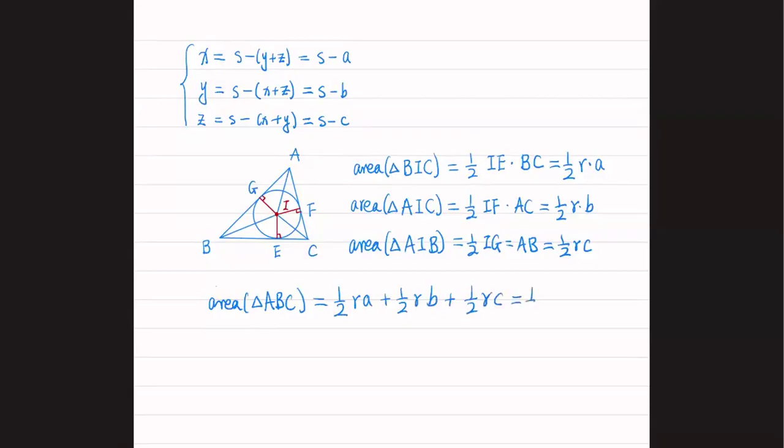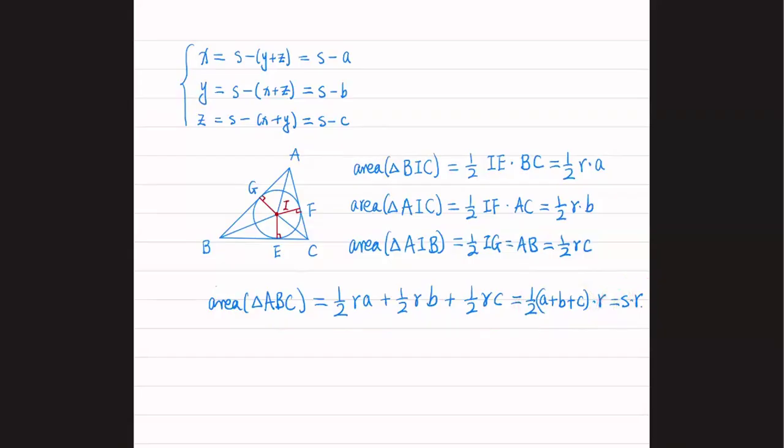Okay, so this half perimeter appears again.